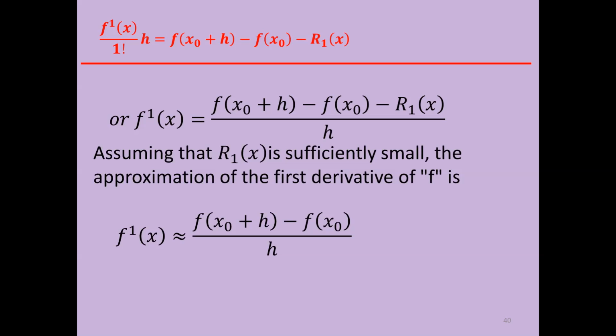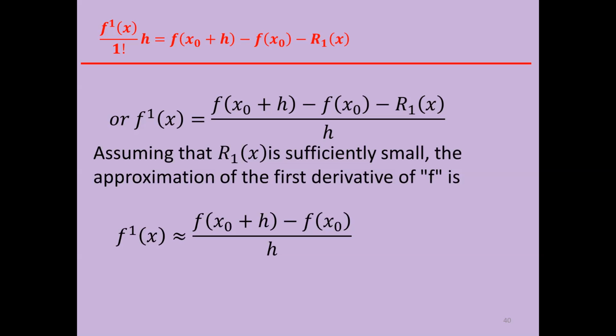So kindly notice that this particular approximation is applicable only under the condition where r1 is sufficiently small, or you can say that r1 represents the error which can be neglected with respect to the other terms appearing in the equation.